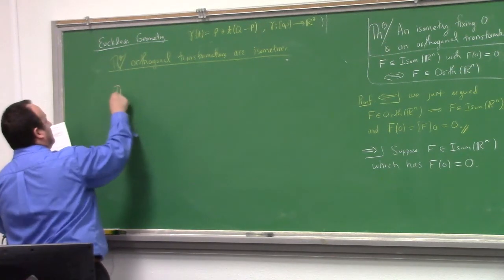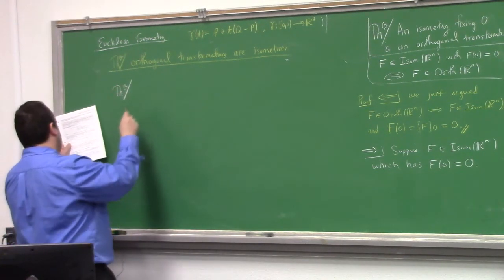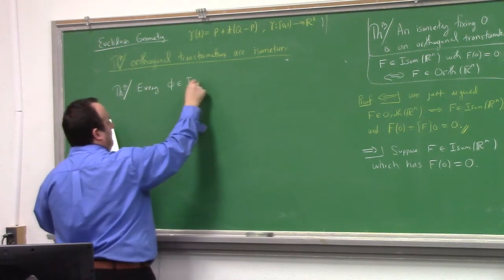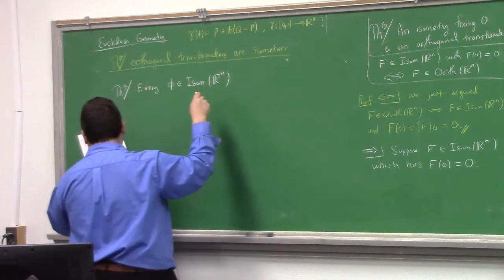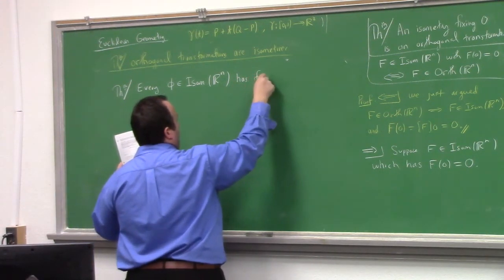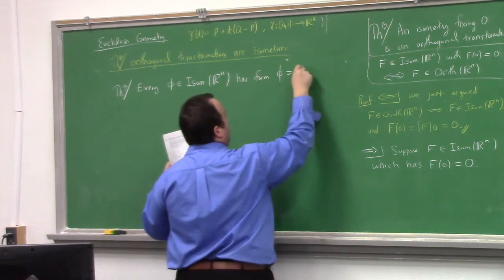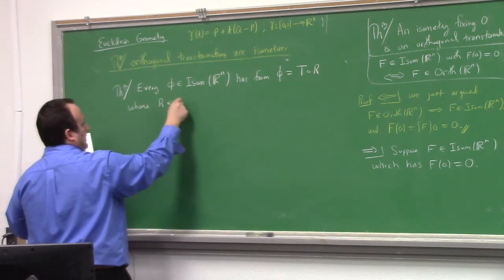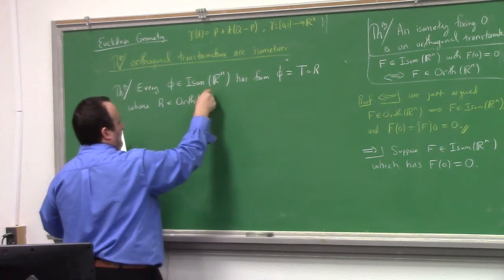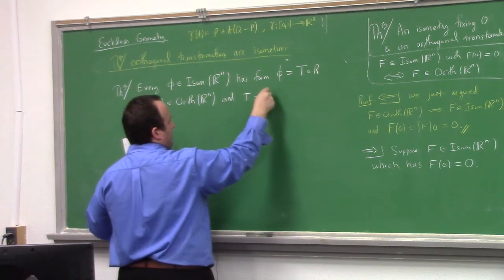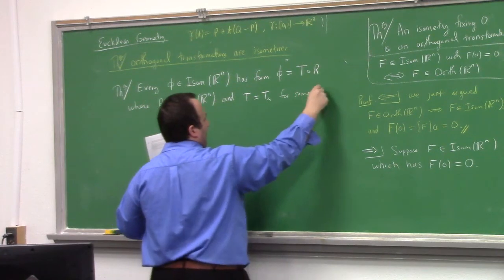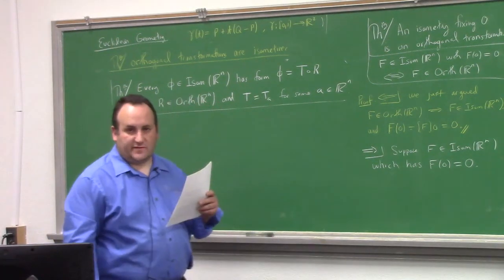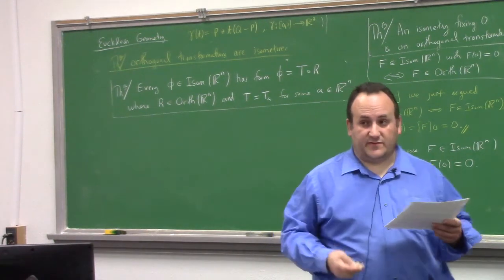But here's the theorem, which says that every phi in Isom(Rn) has the form phi equal to T composed with R, where R is an orthogonal transformation and T is equal to T_A for some A. In other words, every isometry of Rn can be formed by the composition of a translation and an orthogonal transformation.